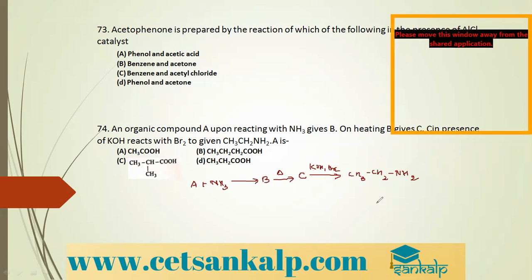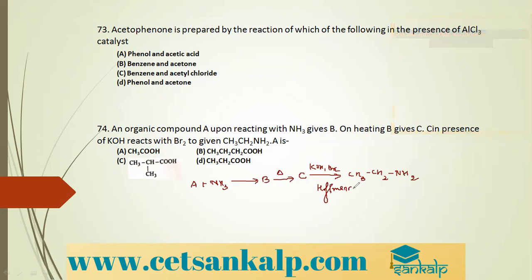So we'll come from backwards. So it is compound CH3CH2NH2 which is obtained. C is treated with KOH and Br2. What is this reaction? It is nothing but Hoffmann's bromamide degradation. Looking at the reagents, you should identify the reaction, students.